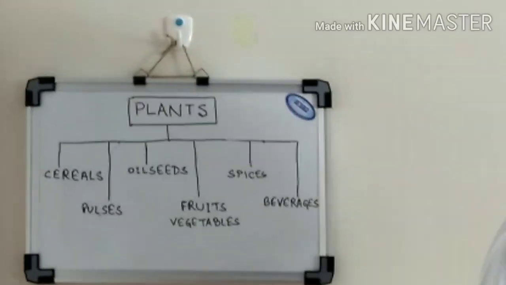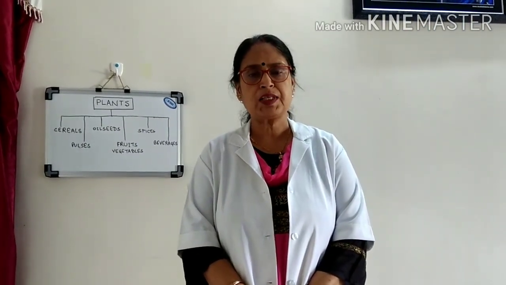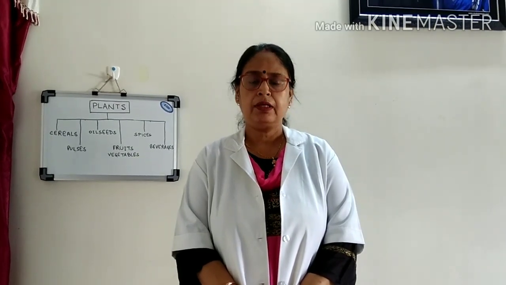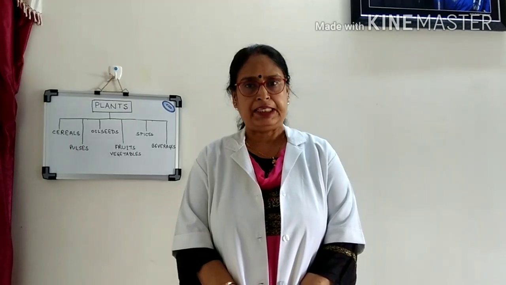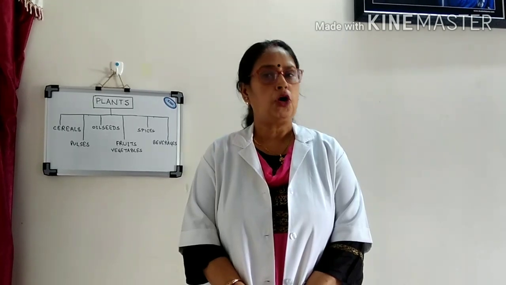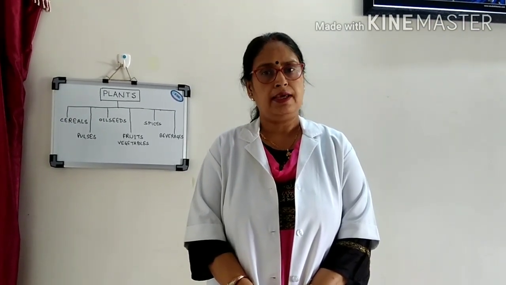Now coming to the next topic, the process of growing crops and getting them to eat. The food we get to eat undergoes a number of processes before reaching us. All of you know farmers grow crops in the field.